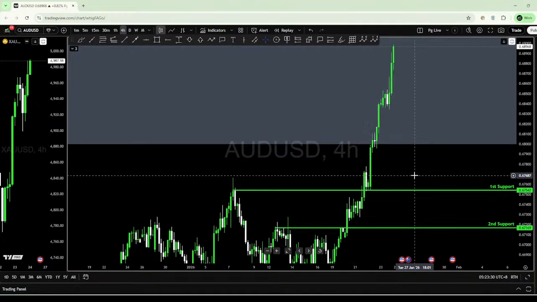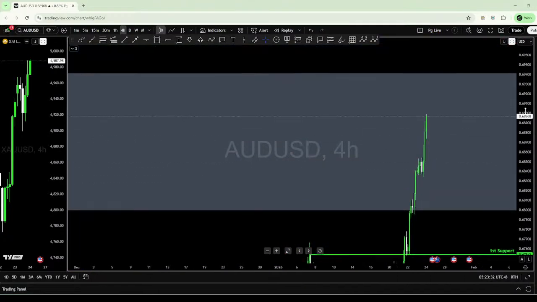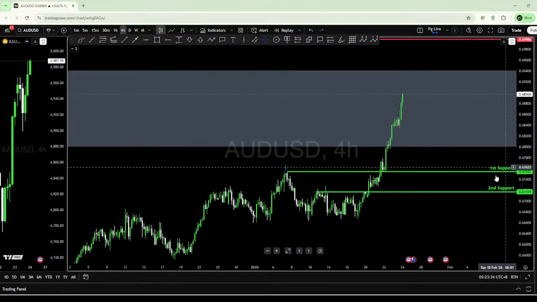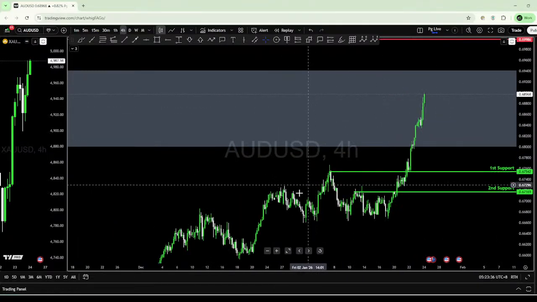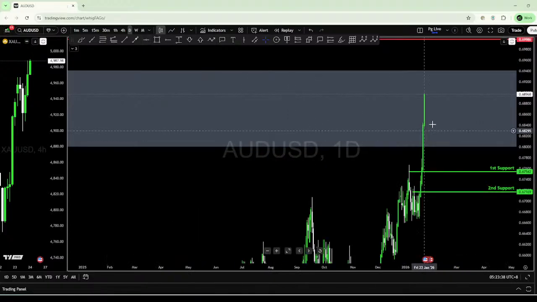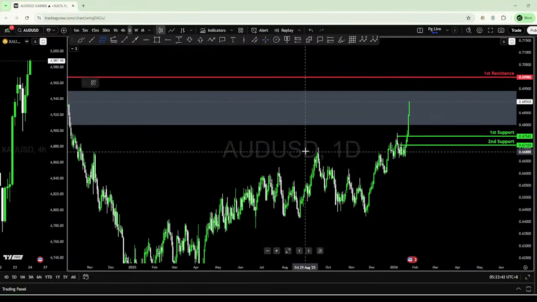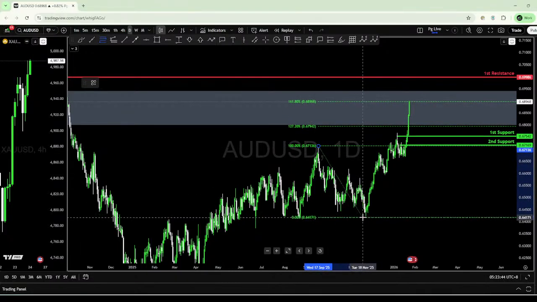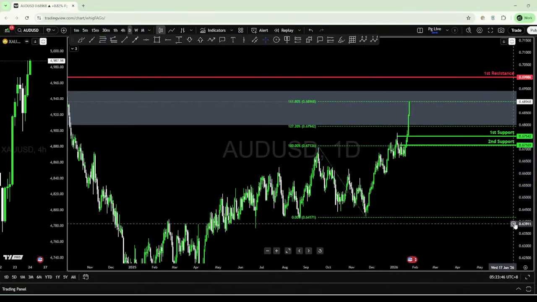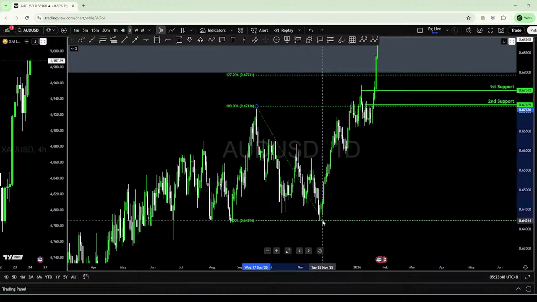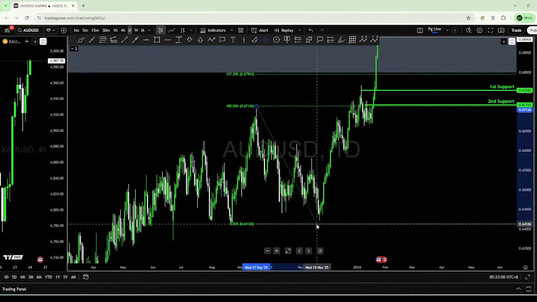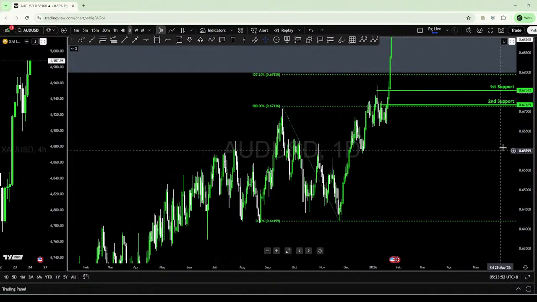You see that it really broke out a lot. It broke all of my Fibonacci extension. So I'm going to use it from here to here. Right now I will just pick somewhere at this level. We might see the pullback.